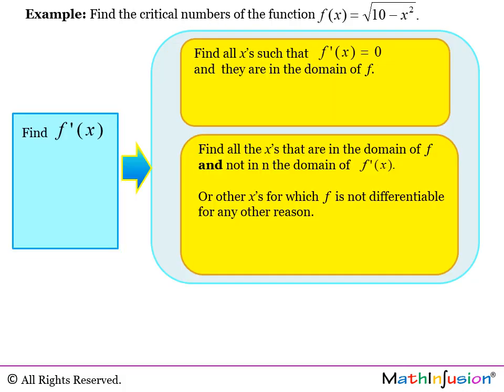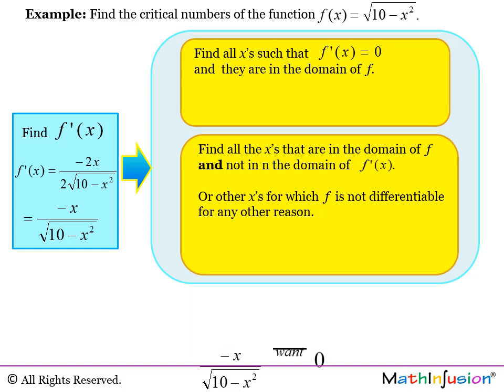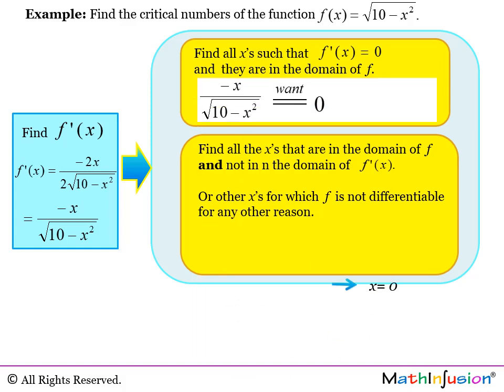Let's do this problem. First we differentiate and always simplify. So first of all, I want to look where the derivative is 0, and it is 0 where x equals 0.